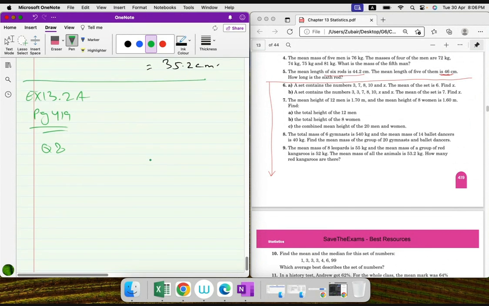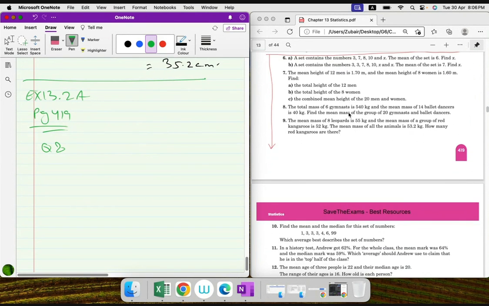Now, question 8 says the total mass of 6 gymnasts is 540 kgs, and the mean mass of 14 ballet dancers is 40 kgs. Find the mean mass of the group of 20. We know mean is the sum of numbers divided by the number of numbers.